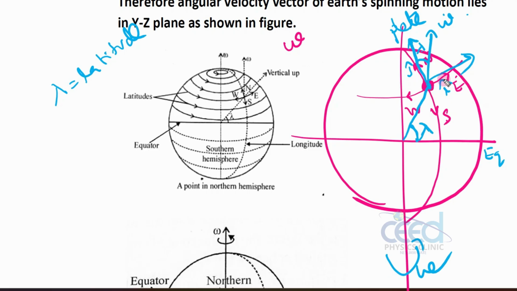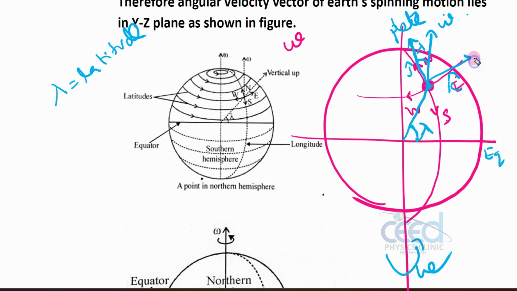Upward means from the earth surface you draw a vertical line. From the earth surface, the one vertical direction you consider is the k cap direction. Sorry, this is the vertical direction; see, I show it like this. So this is k cap, vertically upward.